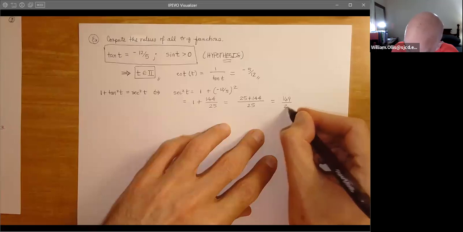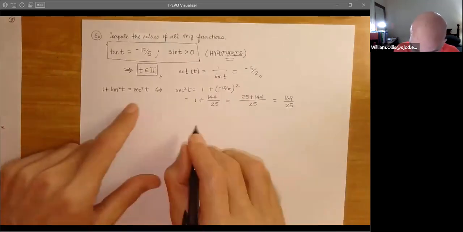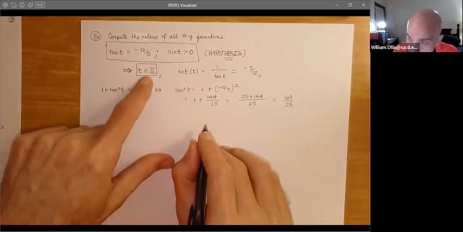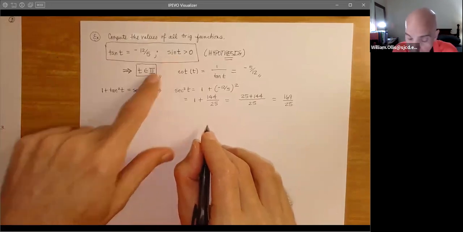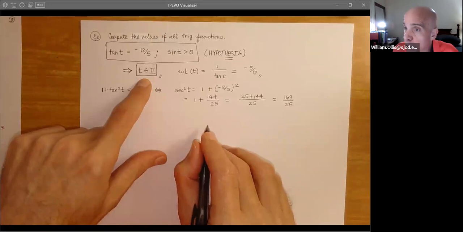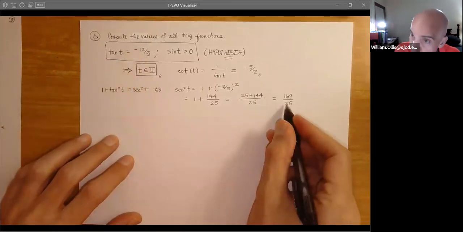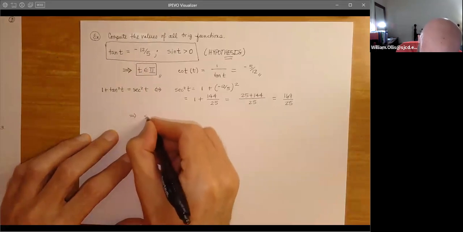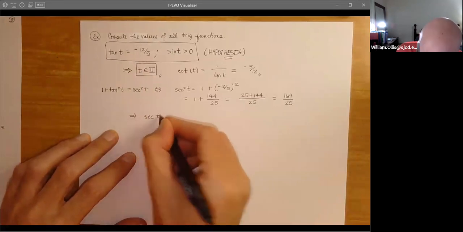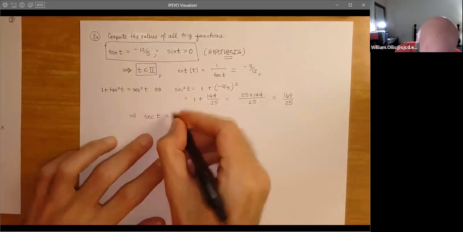That's 13 squared. So now, of course, let's just say here, we're in the second quadrant. So we know sine's positive. That means that the x values are negative. So this means we're going to select the negative. So this implies that secant of t, select the negative, will be the negative.